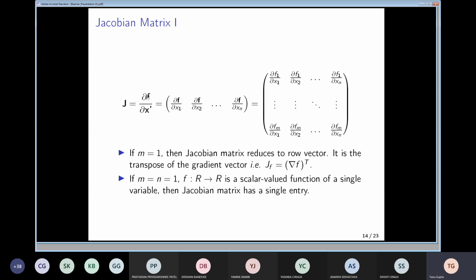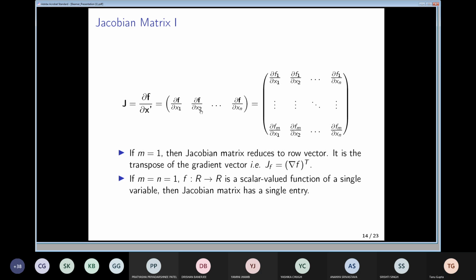So del F, or we can say del Y also, because Y is nothing but F of X. So del F over del X prime effectively means that we are going to differentiate each element of F with respect to each element of vector X and stack it in a row form. So we are differentiating vector F with respect to x1, and then differentiating F with respect to x2 and stacking it in a row form, up to del F over del xn.